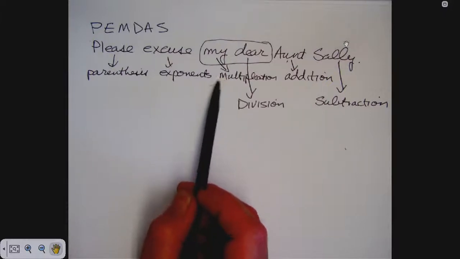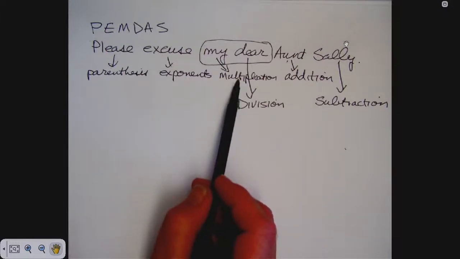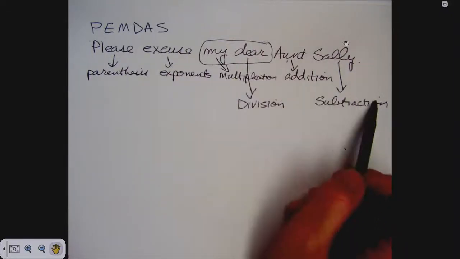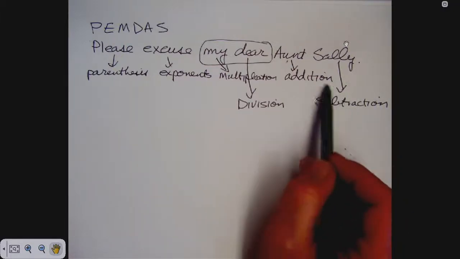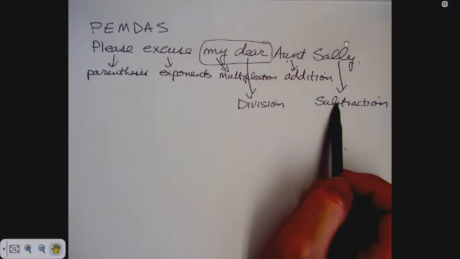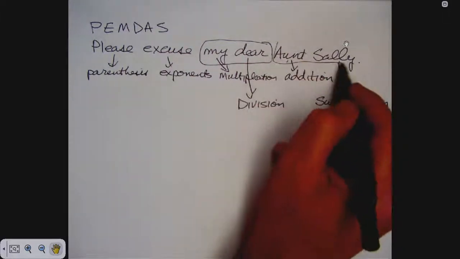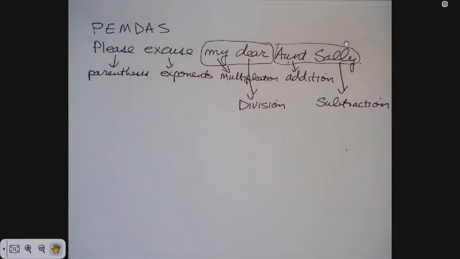So if the division came before the multiplication, we would do the division. If the multiplication comes before the division, we do the multiplication. And then we do addition and subtraction after any multiplication or division. Again, addition and subtraction are of equal priority, and it's whichever comes first, reading from left to right.